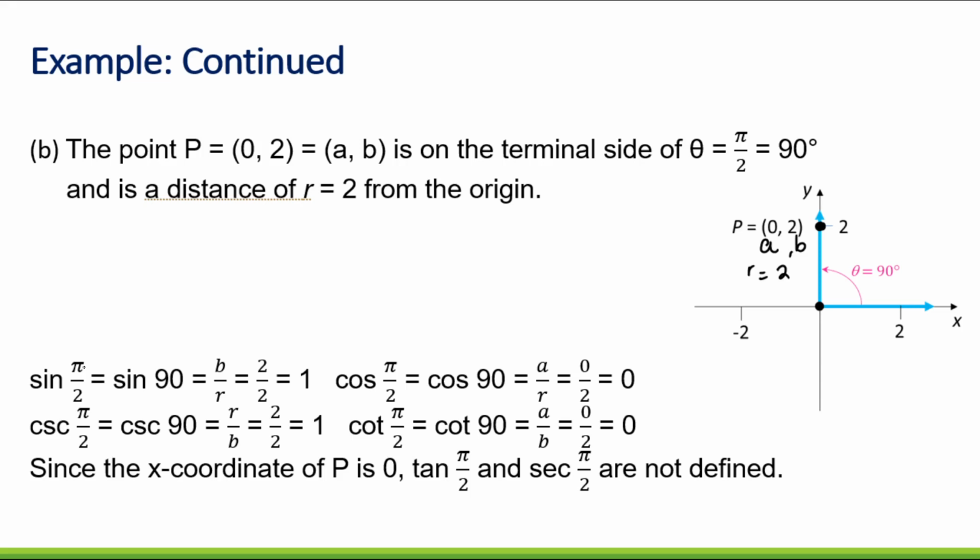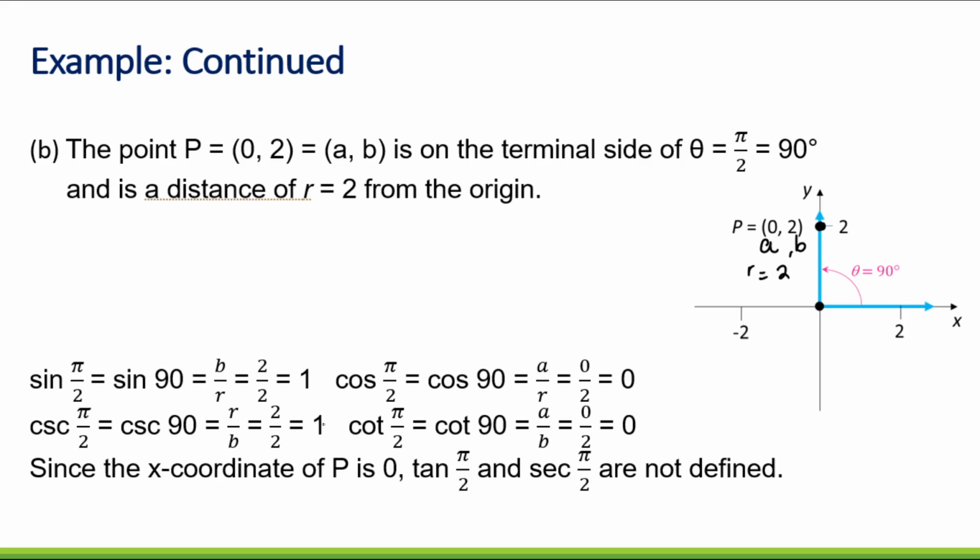So the sine of 90 degrees, which is also sine of pi over 2, is b over r. 2 divided by 2 is 1. Cosine of pi over 2 is the same as cosine 90. That's a over r. 0 divided by 2 is 0. Cosecant of pi over 2, or 90 degrees, is r over b.